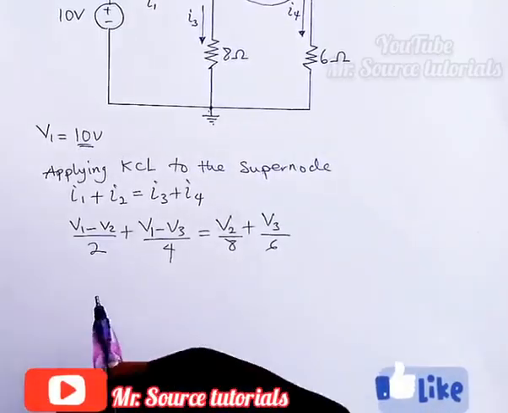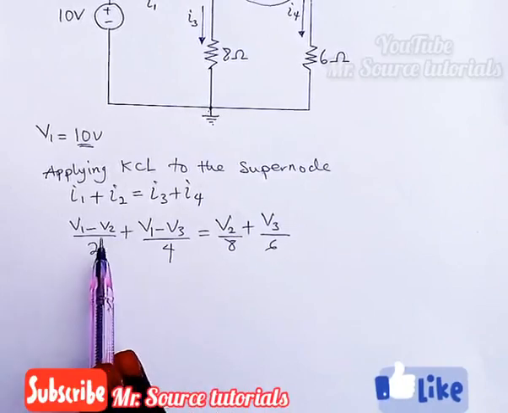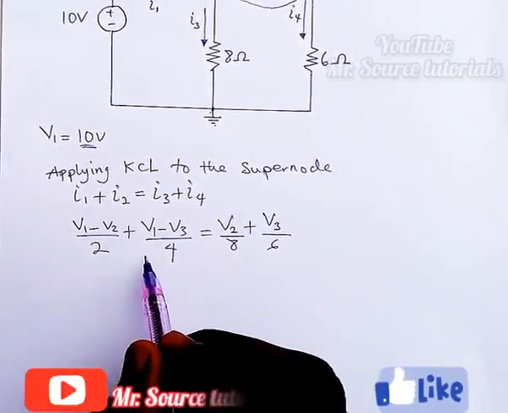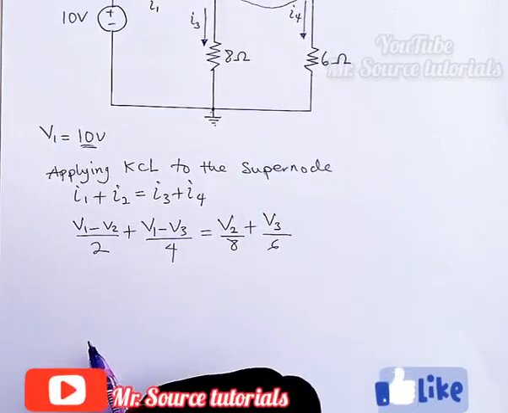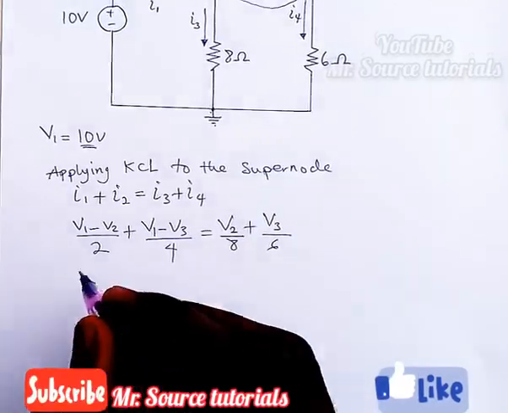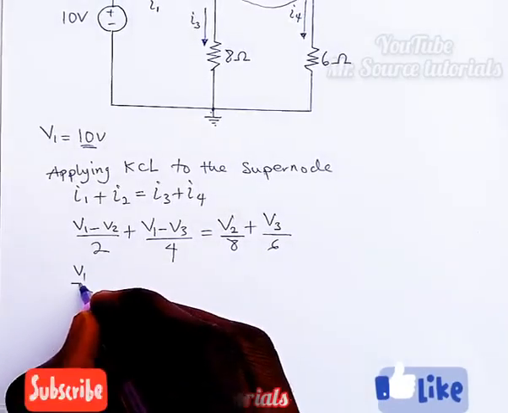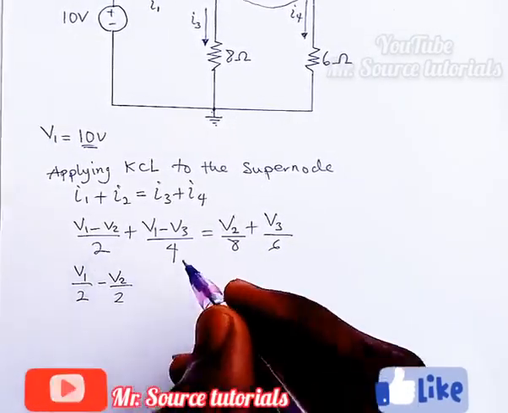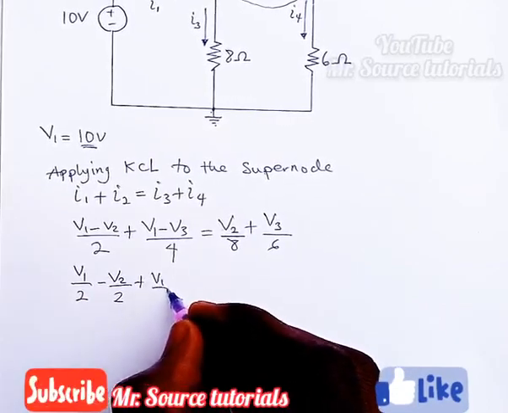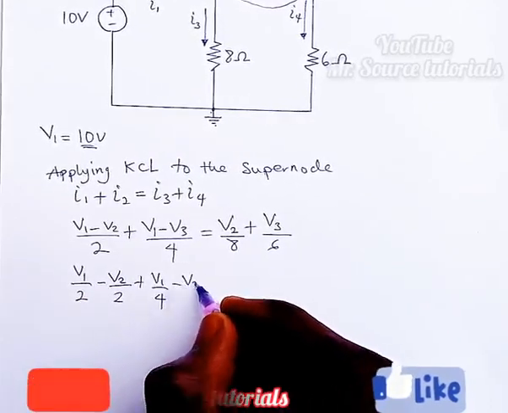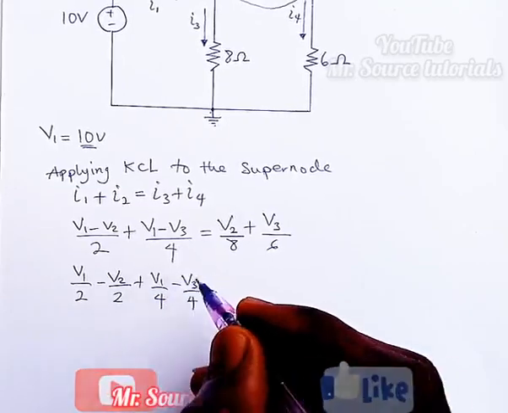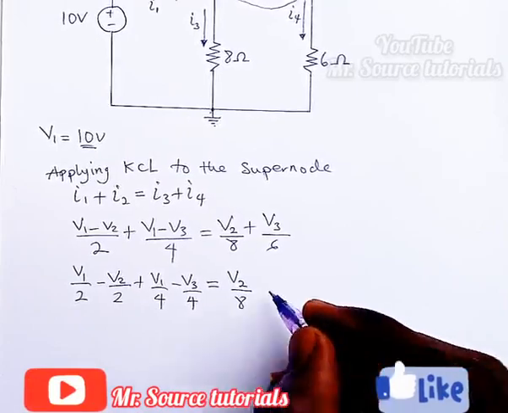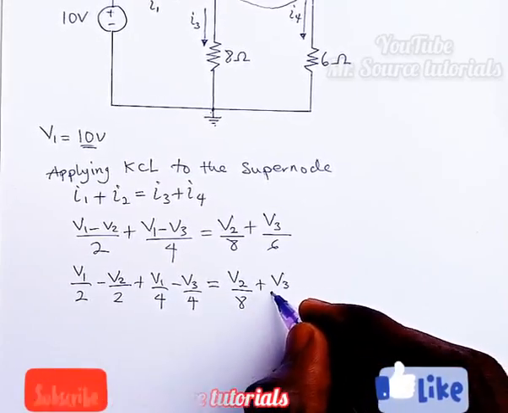To make life easy for us, we can split this because it has a common denominator. So we have V1 over 2 minus V2 over 2, plus V1 over 4 minus V3 over 4, equals V2 over 8 plus V3 over 6.